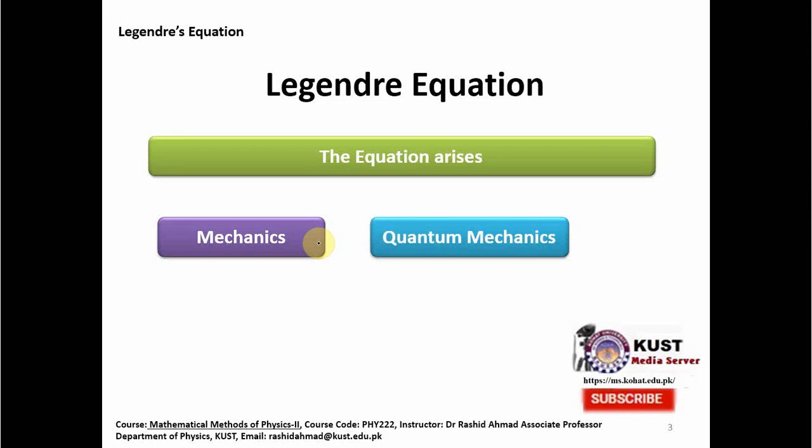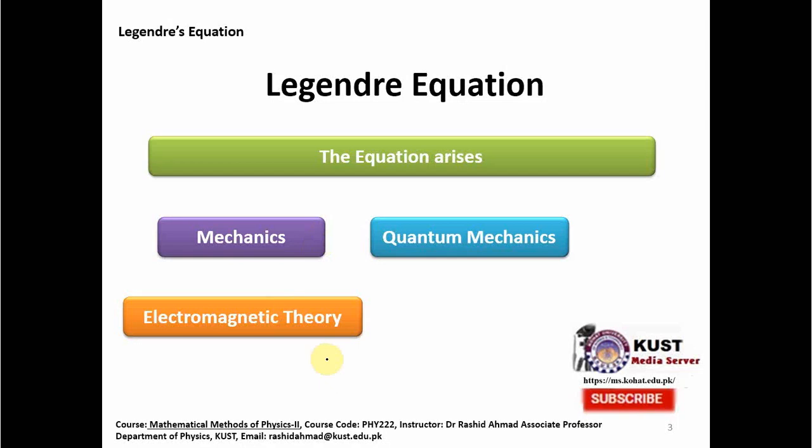Then it is very much applied in quantum mechanics, and it arises in many situations in quantum mechanics, so it has uses over there. And it's also applied in many parts of electromagnetic theory, where electromagnetic waves are sometimes modeled with the help of the Legendre equation.